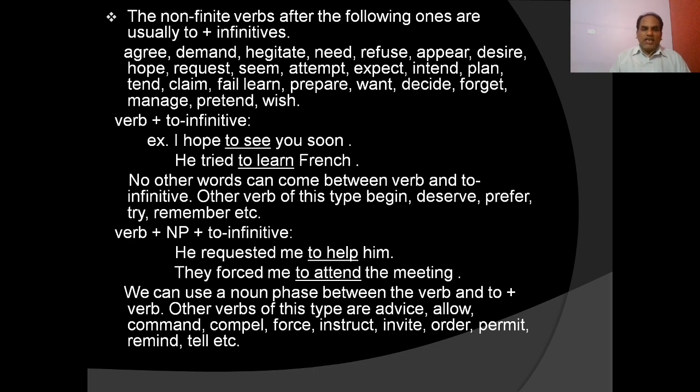No other words can come between verb and to-infinitive in these cases. Other verbs of this type are begin, deserve, prefer, try, and remember, etc. When they come as main verbs, there is no word used in between these verbs and the to-infinitive.